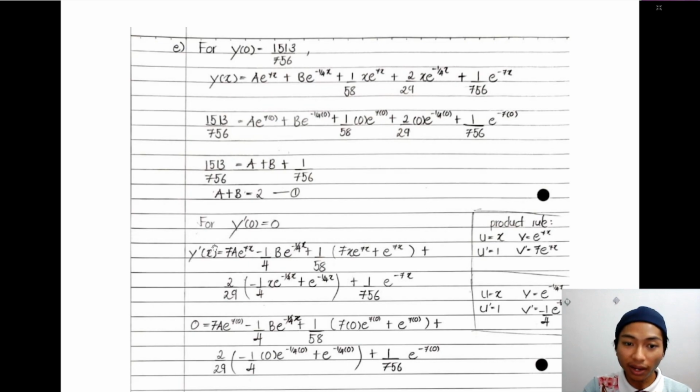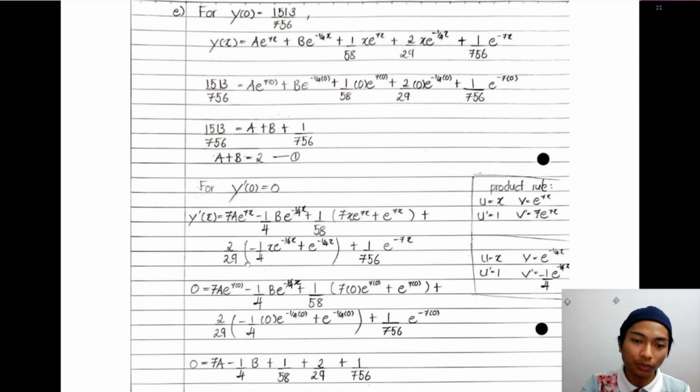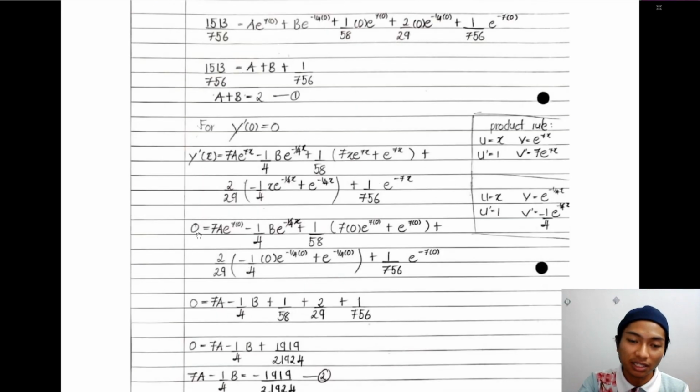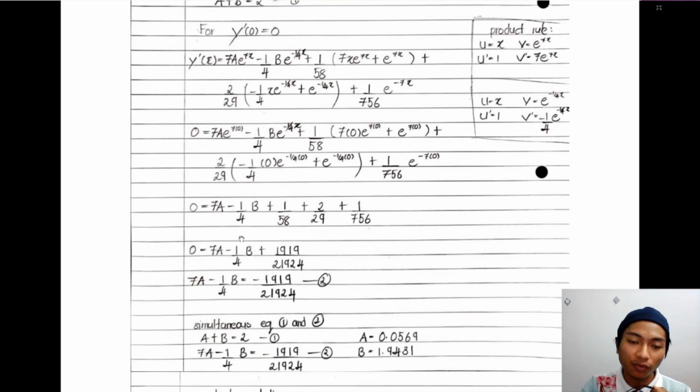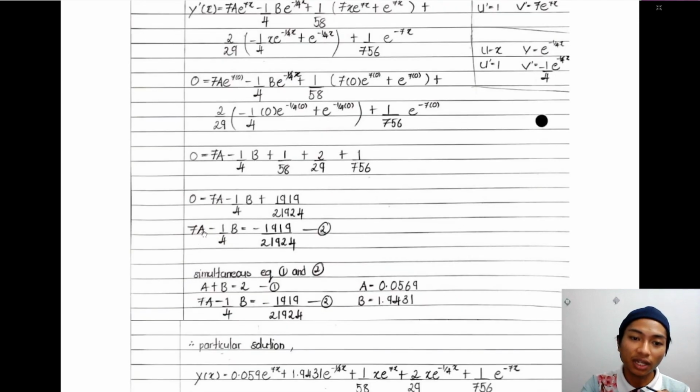For the condition of y prime 0 equal to 0, we need to differentiate the equation of y(x) from earlier. First we differentiate, and then from the differentiation of the equation, we apply the initial condition, y prime equal to 0 and x equal to 0, and from there we get 7a minus 1 over 4 b equal to negative 1919 divided by 21,924.